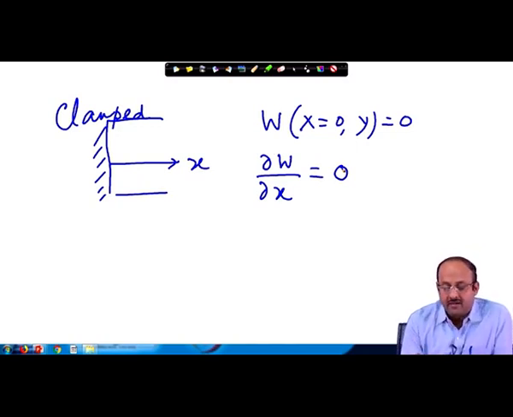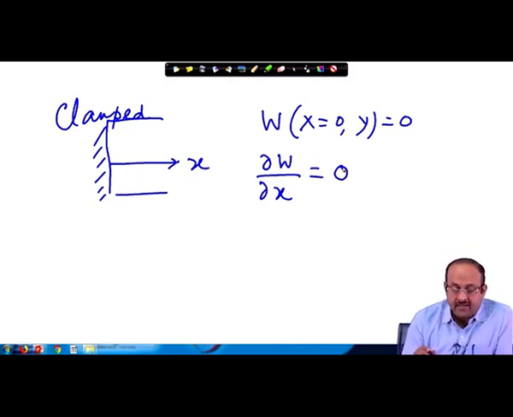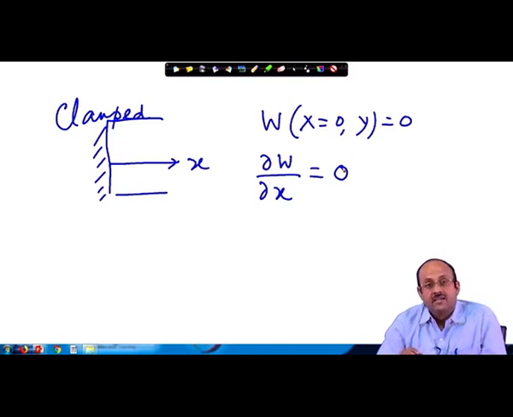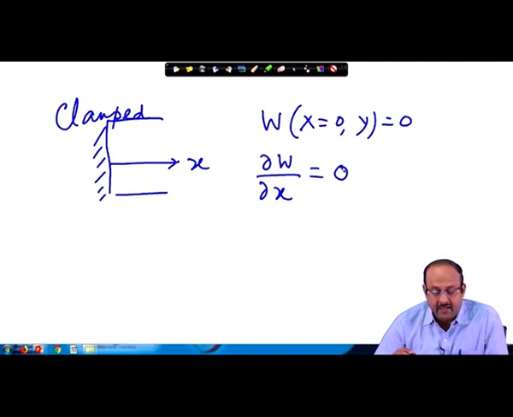So, these boundary conditions are to be considered. Now, with these boundary conditions and the governing equation, we have to find out the natural frequency.